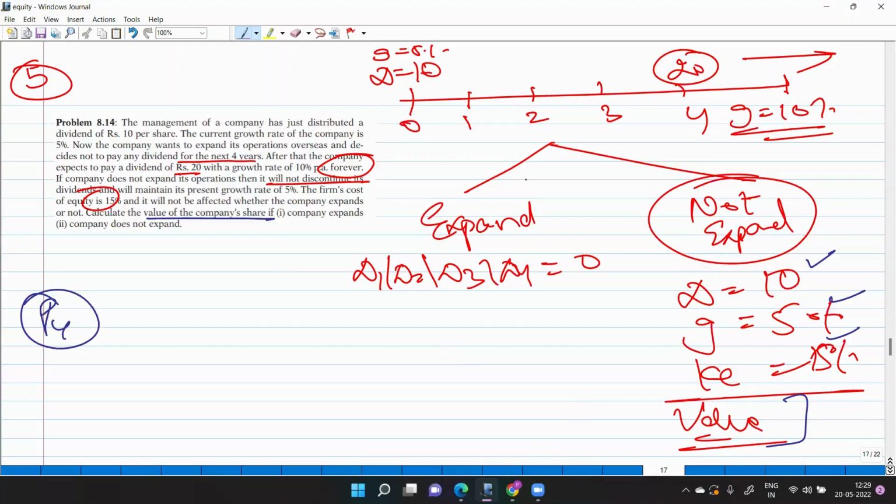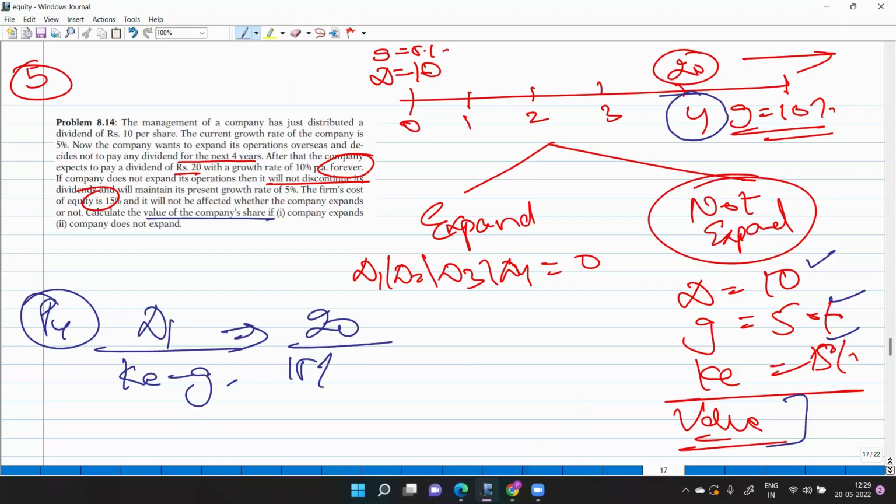बट यहाँ पे क्या हो रहा है, अगर मैं P4 की वैल्यू निकालती हूँ, मतलब प्राइस ऑफ शेयर एट दिस पर्टिकुलर पॉइंट, ठीक है, तो कैसे निकलेगा वो? D1 अपॉन KE माइनस G। अब D1 दैट इज जो 5th ईयर से मिलेगा मुझे, 20/15% माइनस 10%। But this is the value for the end of 4th year.